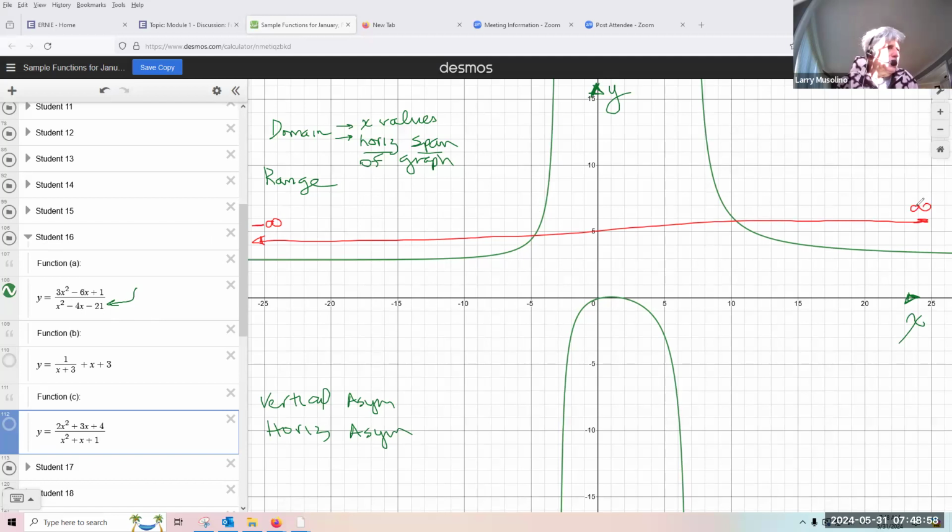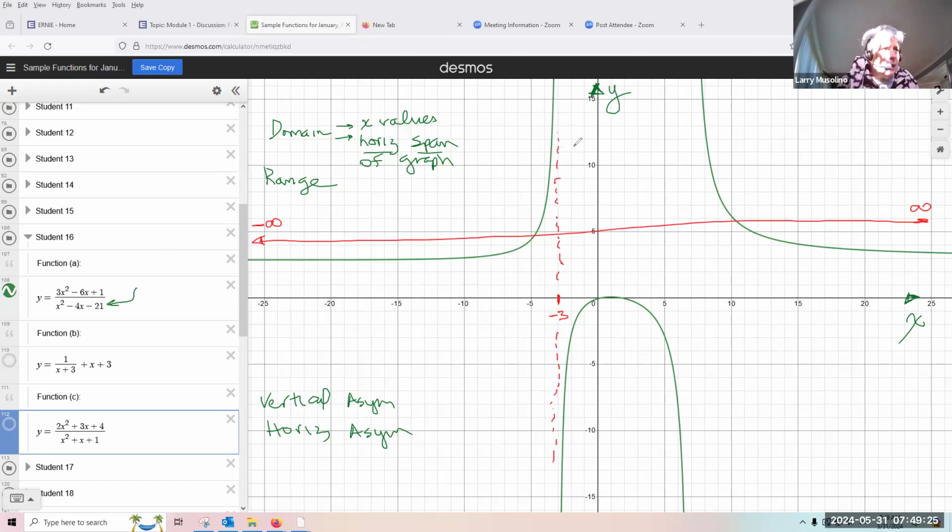But there is a break right here. Let me draw this vertical line. You might notice this is at x equals negative 3. There is a vertical line here, and actually I could draw it in Desmos. This is going to be a vertical asymptote.